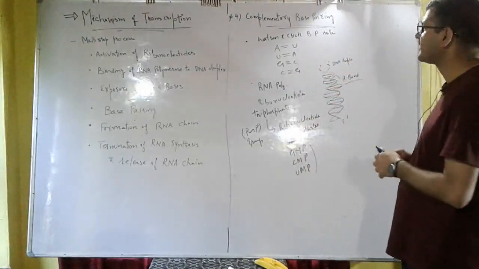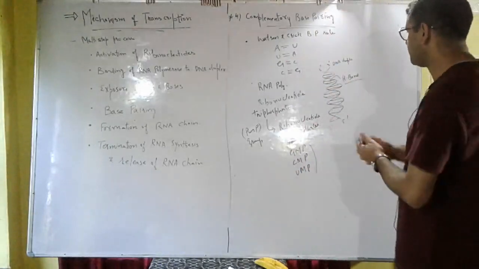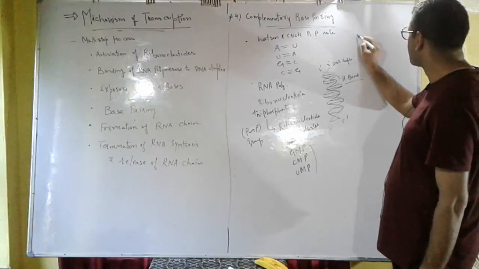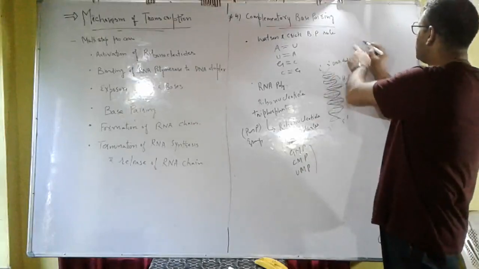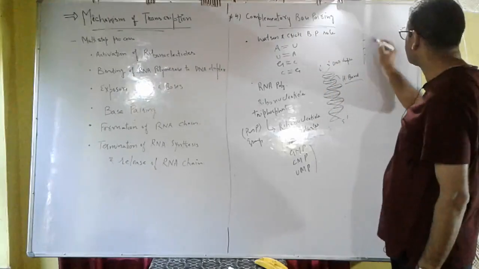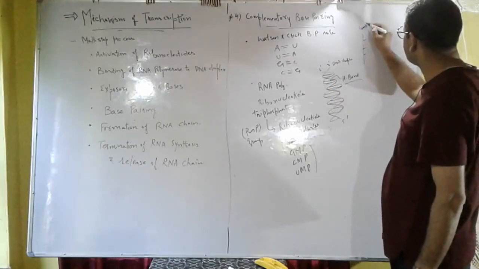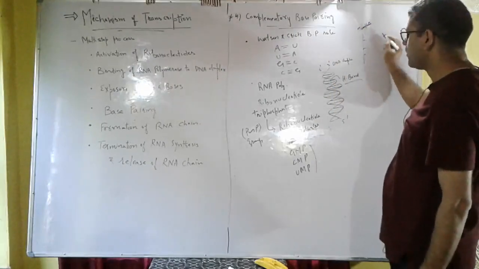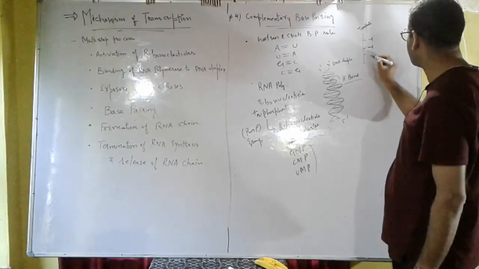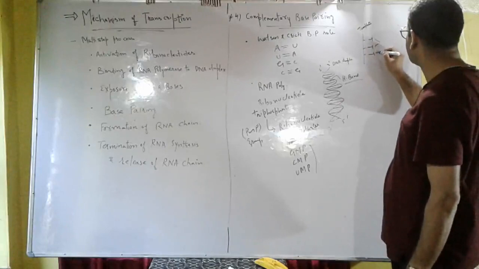So we can say that, for example, we have DNA. This, for example, is a template DNA. Now ribonucleotides will get attached to here.